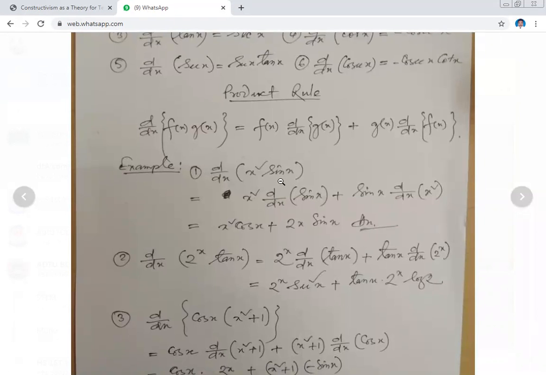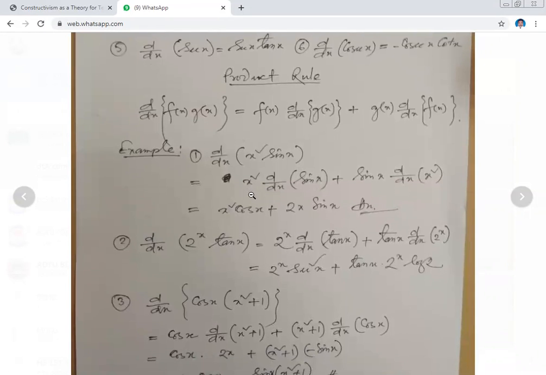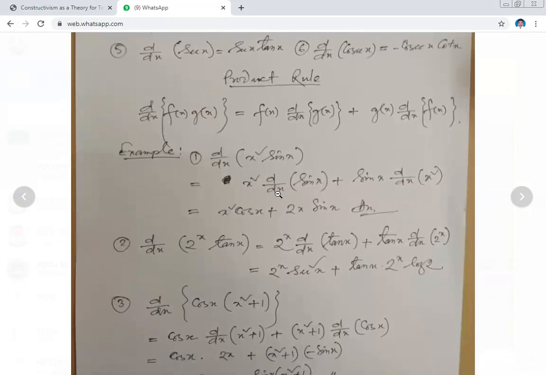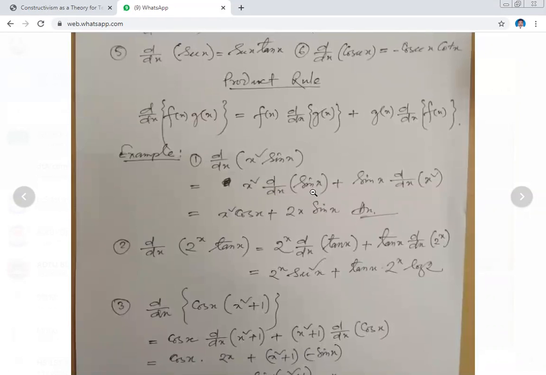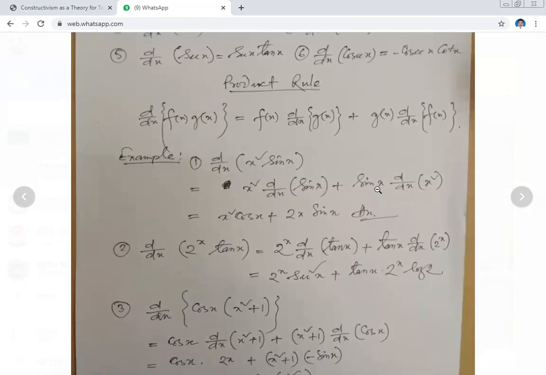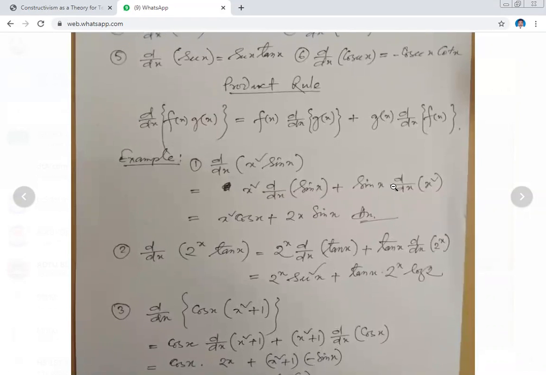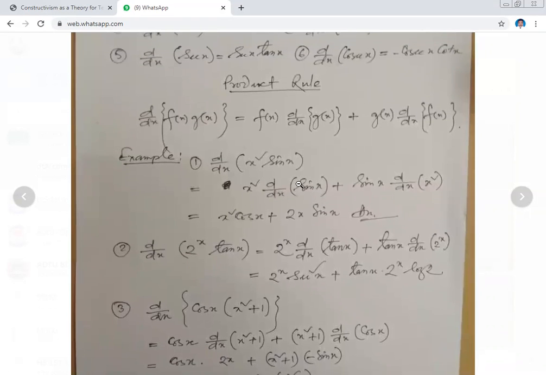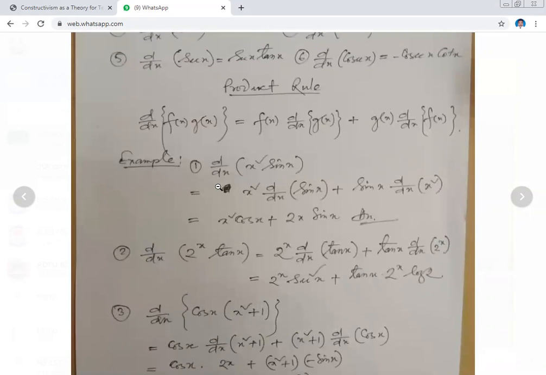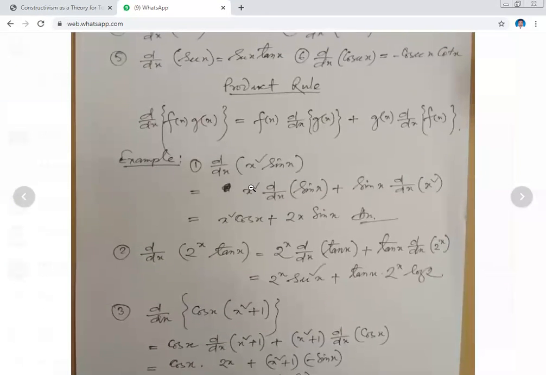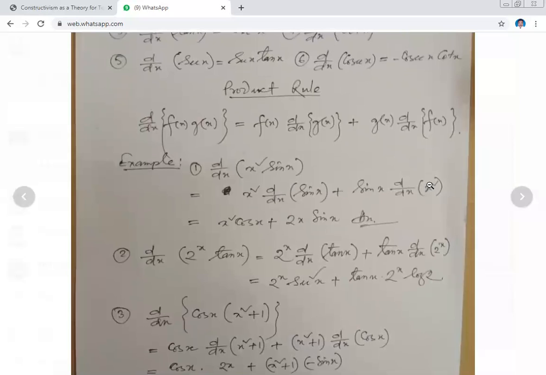So as per this rule, first function x square as it is, ddx of second function, that is sin x, plus second function sin x as it is into ddx of first function x square. First function as it is, derivative of second function, plus second function as it is, derivative of first function. So we have written this step using the product rule.